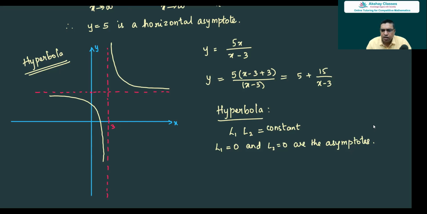Okay. So look at this equation now. I will just rearrange the terms. Y minus 5 I'll bring to the left side is 15 upon x minus 3. So this will give us x minus 3 times y minus 5 is equal to 15.